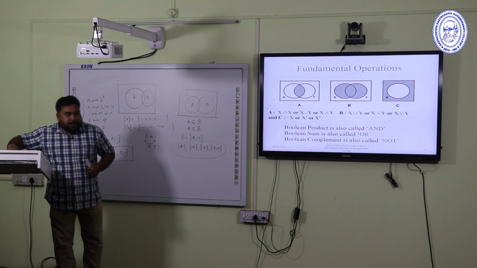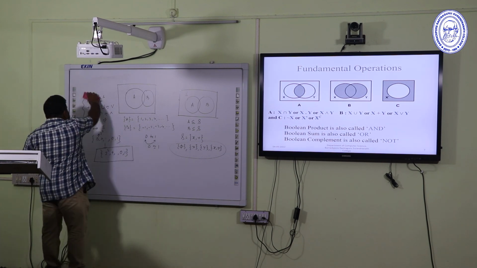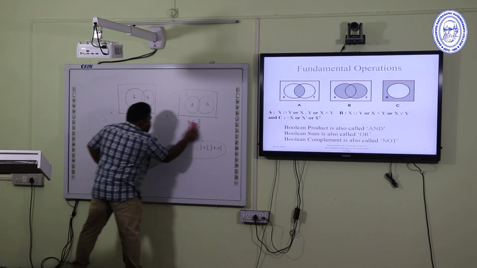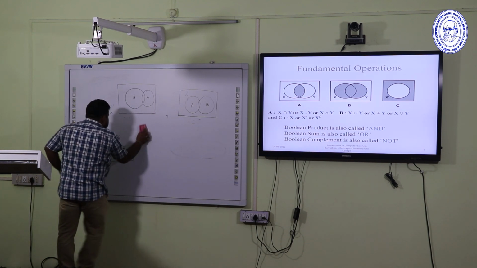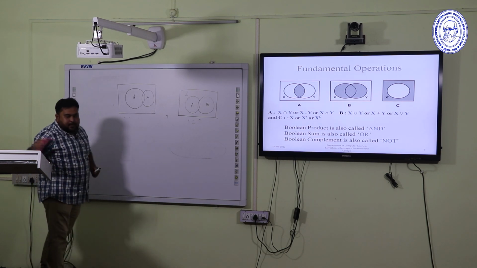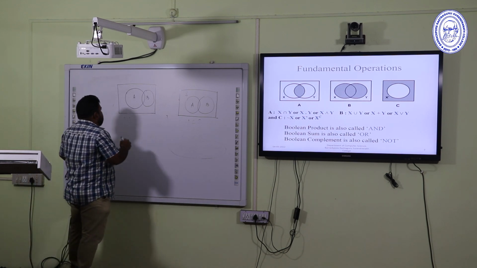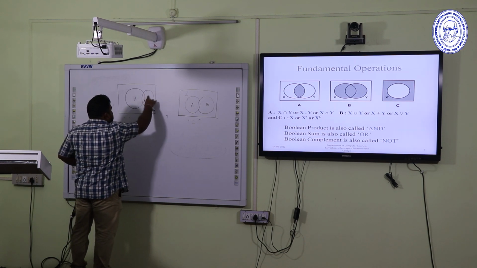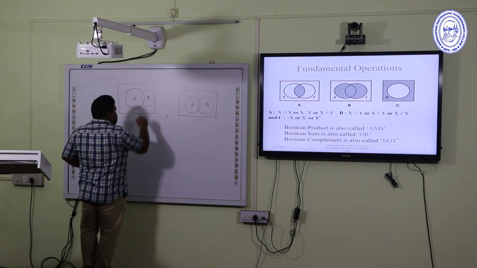So now we are taking the Venn diagram to explain the operations, like x is this set and y is this set.